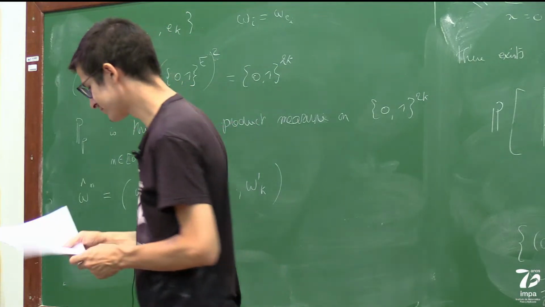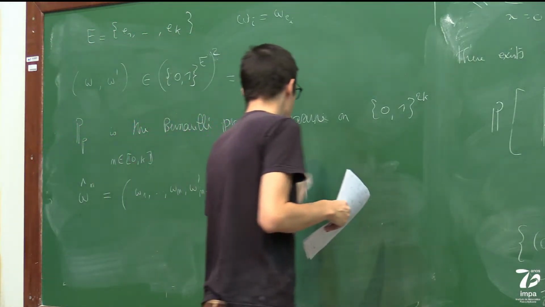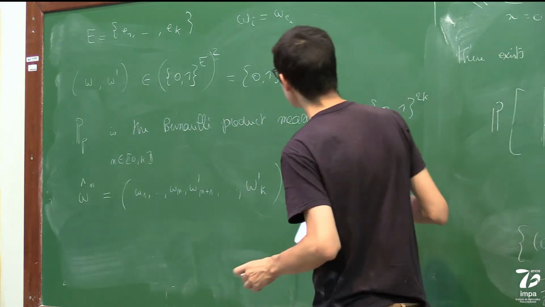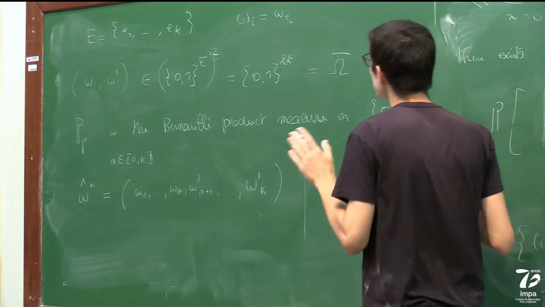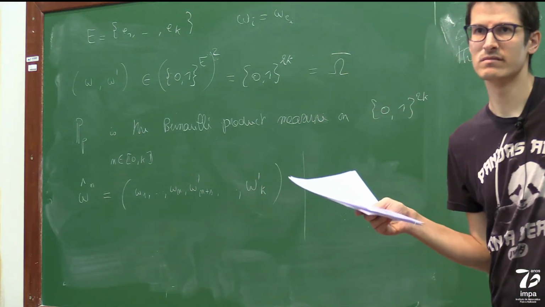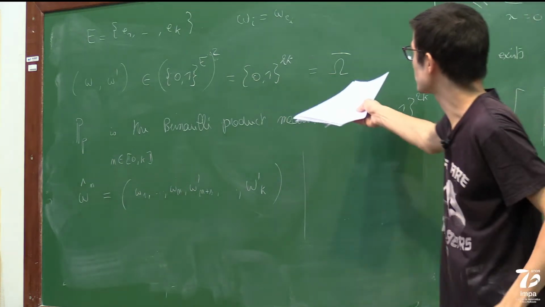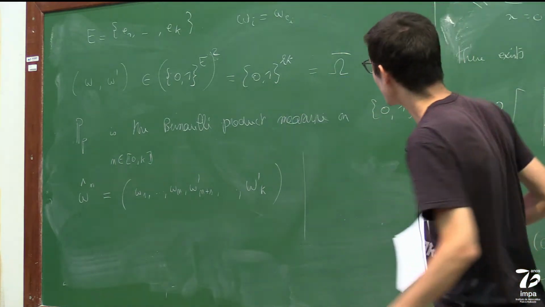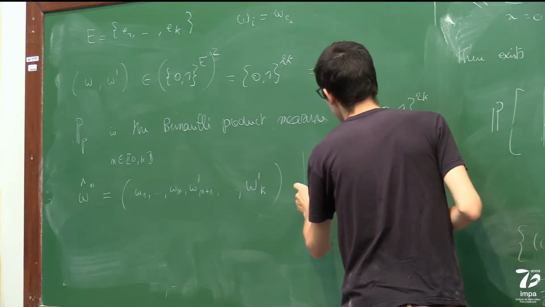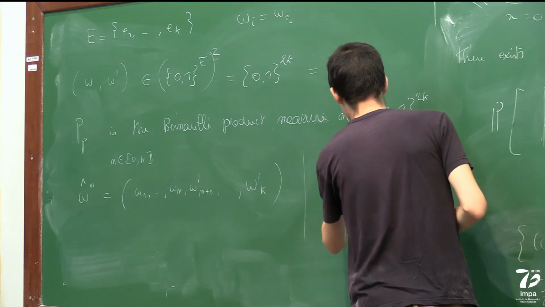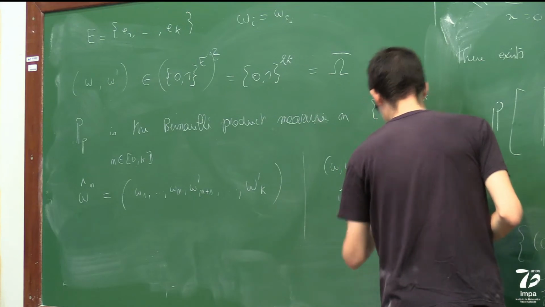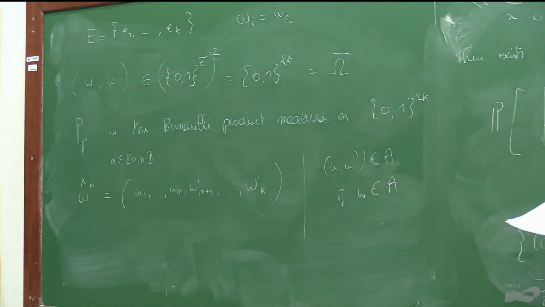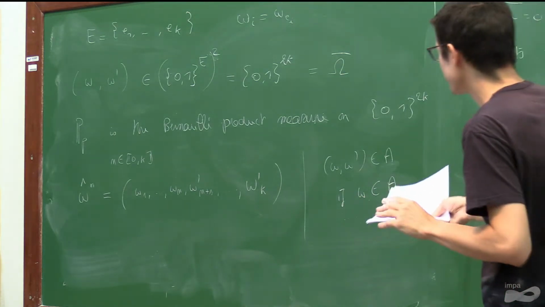Okay, and now with a bit of abuse of notation, I will define. So A and B are events in omega. Now we have a larger space omega bar, but I will just say that basically omega prime belongs to A if omega belongs to A. So to satisfy A, I will just look at omega.